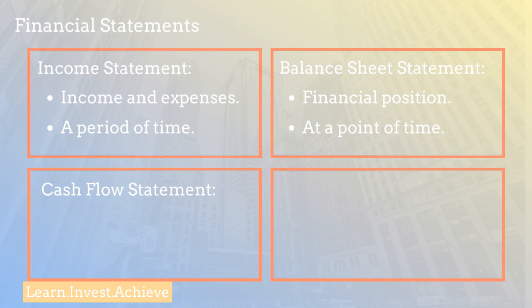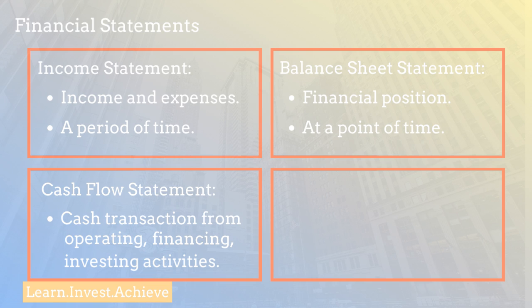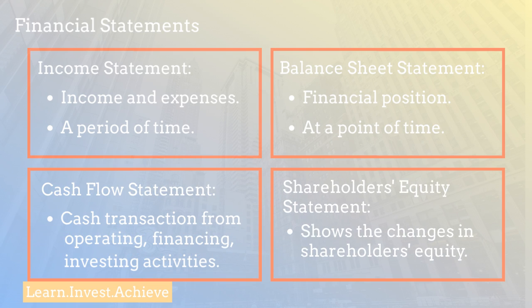The cash flow statement shows all the cash transactions from operations, financing, and investing activities. Shareholders' equity statement shows the items that cause the change in shareholders' equity between the beginning and the end of the year.